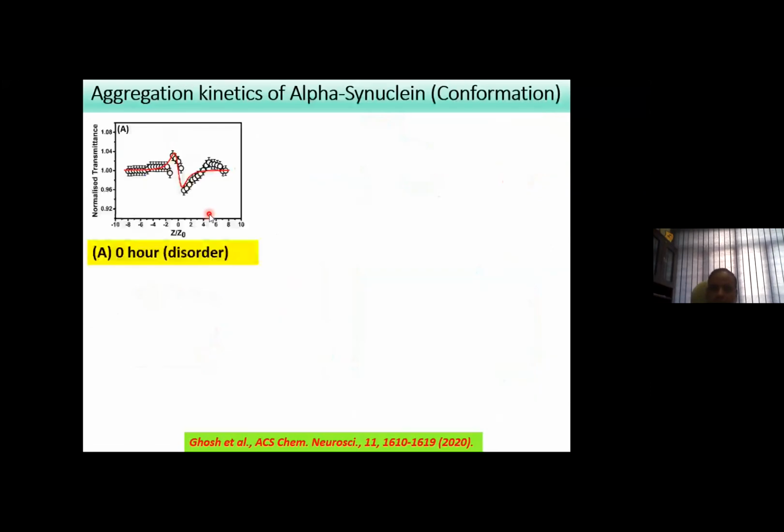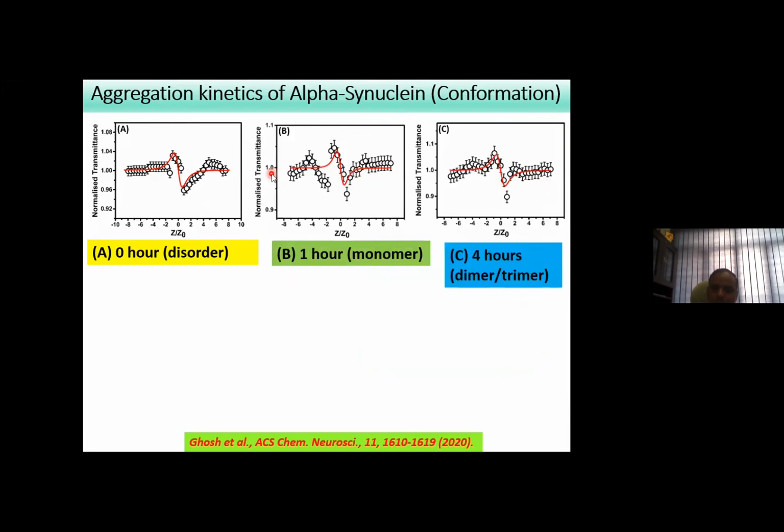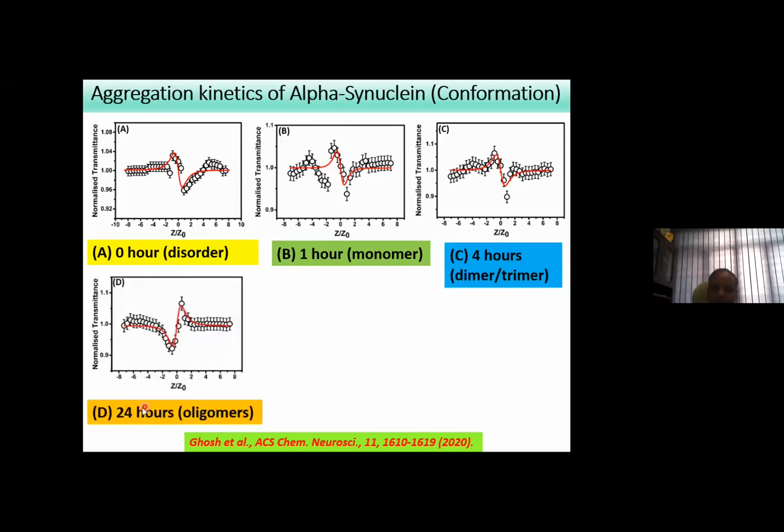With that concept, we carried out the alpha synuclein project, and I'll directly show you all the results. We collected samples at 0 hour, 1 hour, and every hour, and we saw a self-defocusing effect with a negative nonlinear refractive index. We got some good results at the 24-hour mark, because we saw a sign change from negative eta 2 to positive eta 2.